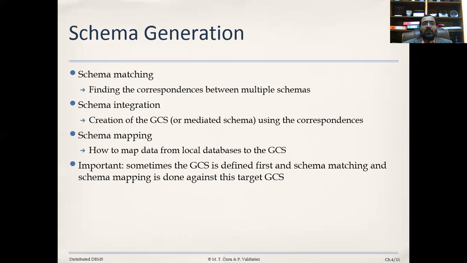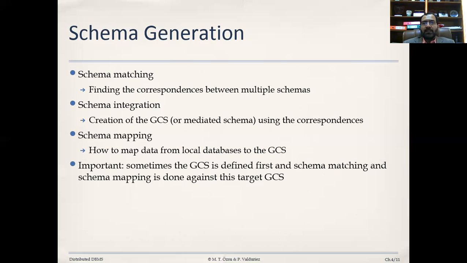So when I talk about correspondences, it means that we are talking about a certain entity, and maybe the information pertaining to a particular entity. Actually it looks for existence: if that data exists in a particular section or at one site, whether it is available on the other site or not. So we are finding the correspondence between multiple schemas, because if there is no correspondence between the schemas, we cannot match them, because it means that they are different.